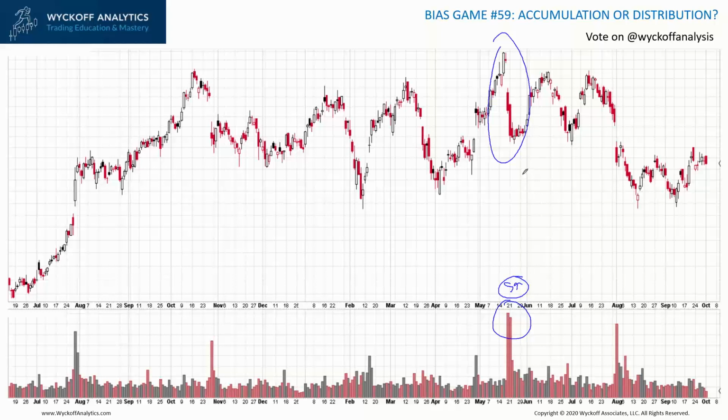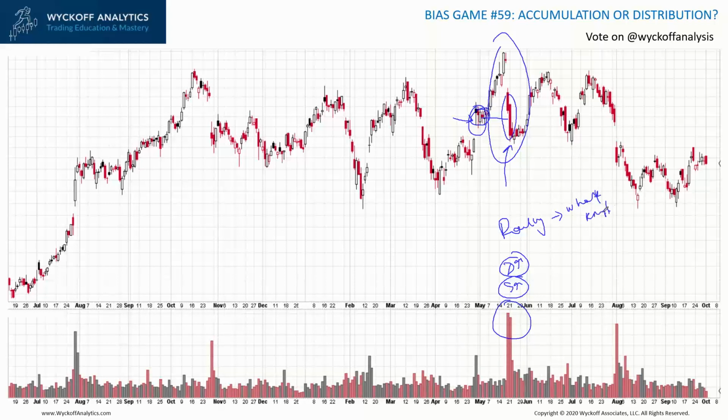So now we have to think that some demand came at this point, and by the way, this is a very logical place where demand would come, because right here after this gap we had some demand, some testing action. So we would be questioning that supply that is coming in. Would the demand that is coming in on these volume spikes produce some kind of rally? And if we would have the rally, what kind of rally would we have?